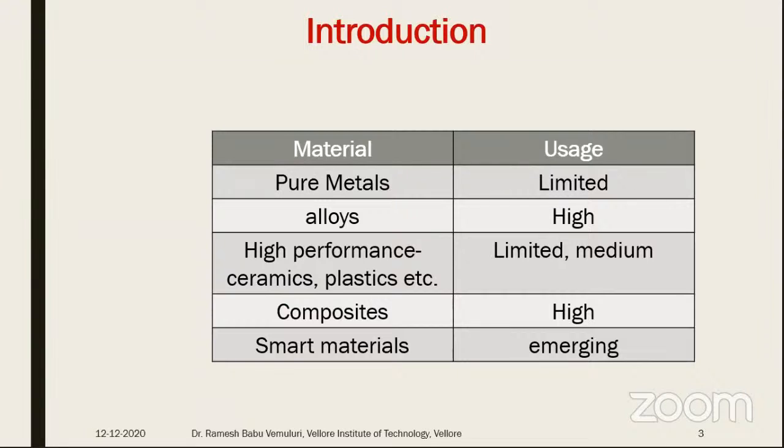Civilization started once we got pure metals, and where the strength of pure metals was the issue, we used them only for limited uses. Then we understood we can combine other materials with these metals and enrich their properties. That's what are called alloys.